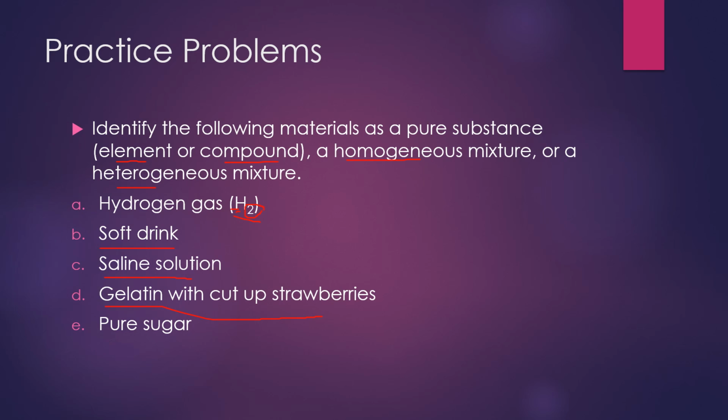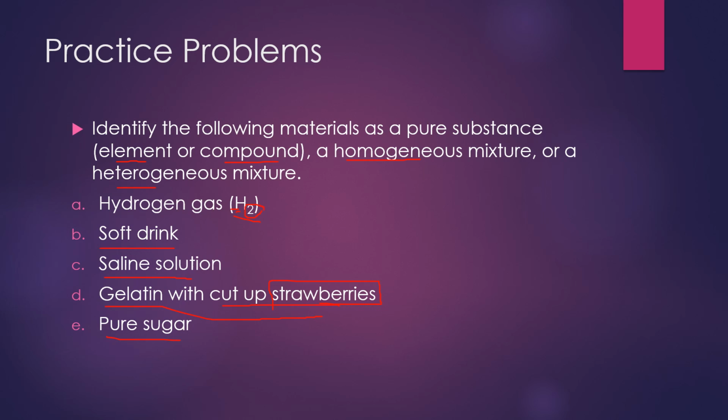Each bite of Jell-O would have the same composition. But since we're adding the cut strawberries to it, it now changes it into heterogeneous because some pieces of that gelatin might have more strawberries than other pieces. So there's undissolved strawberries, undissolved particles in the solution now, making it heterogeneous.